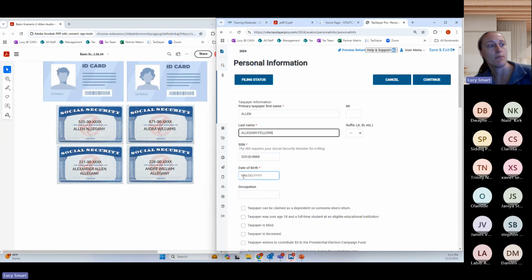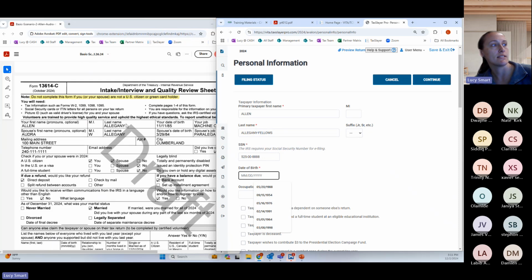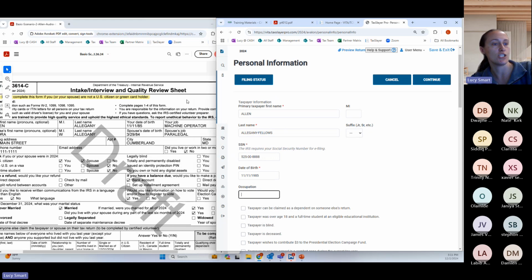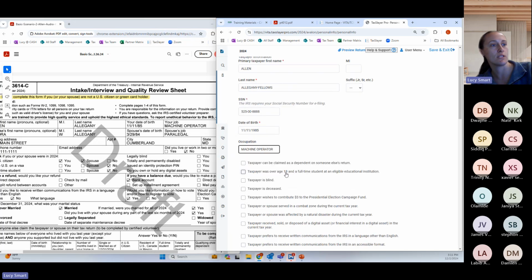His social security number pulled through, and his birthday we'll find on this: 11/11/1985. His occupation, machine operator. And then do we need to check any of these? Can he be claimed as a dependent on someone else's return? No. Is he a full-time student?